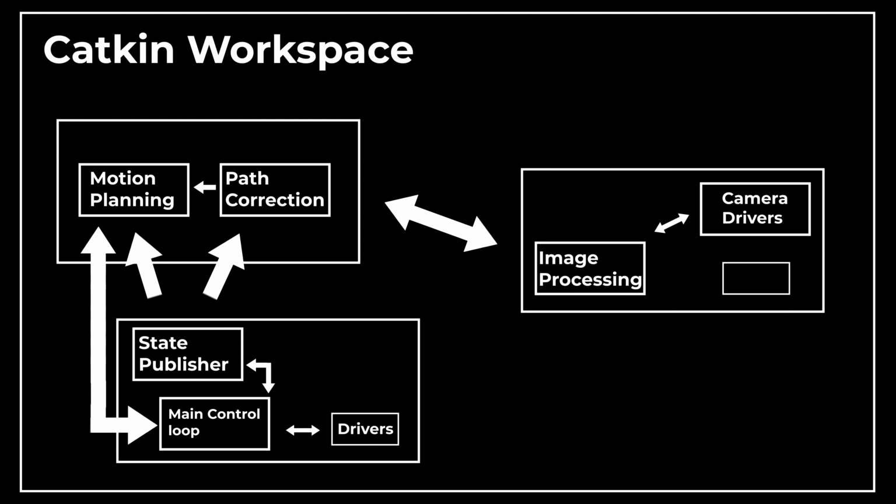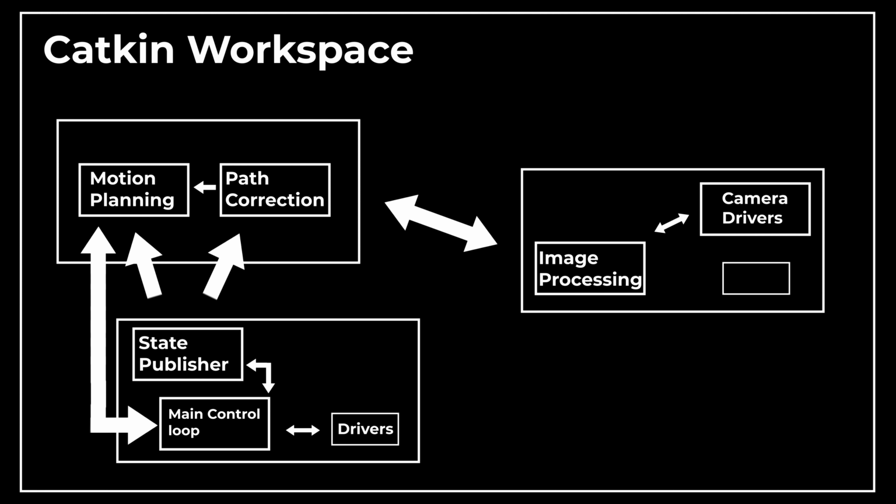So the first node is the camera driver, from which the data is given to the image processing node. Then that data is taken and given to the path correction node, and then it's provided to motion planning for further purposes.